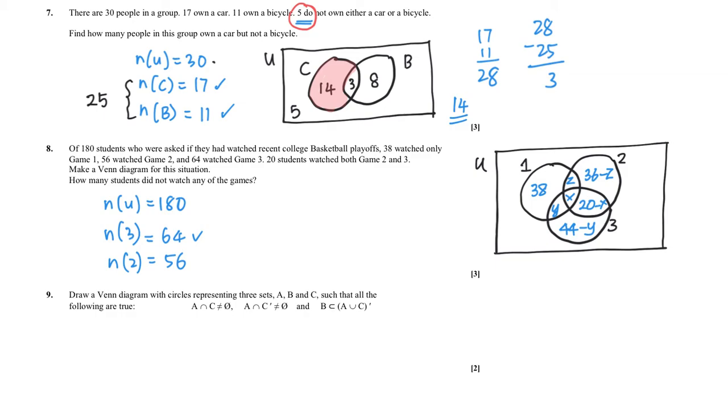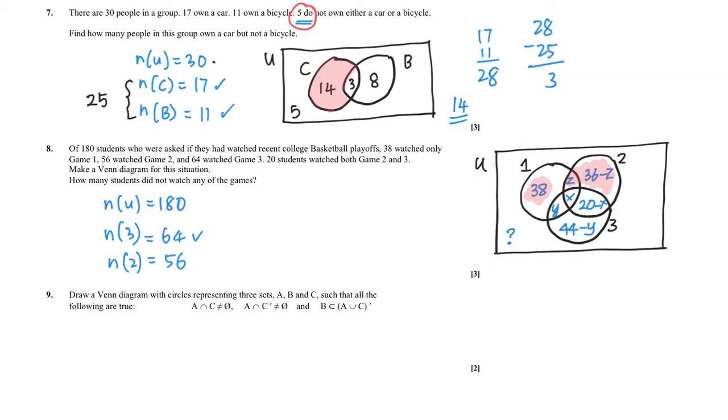Okay, so the question asks, how many did not watch? How many outside? That's the question. So let's shade this. This part is 36. It's fine. Okay, so this 2 part should be 36.